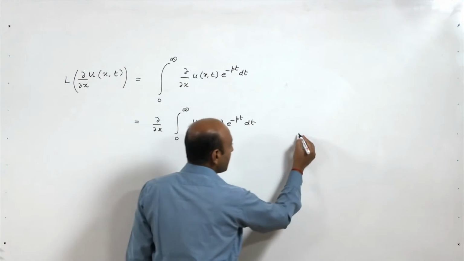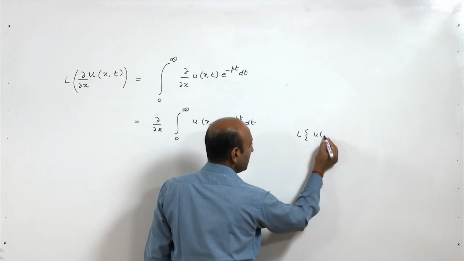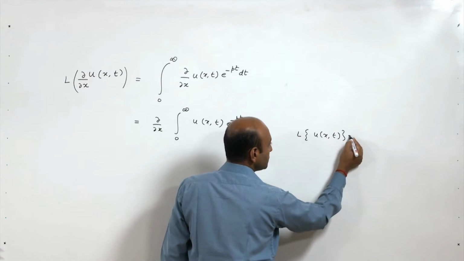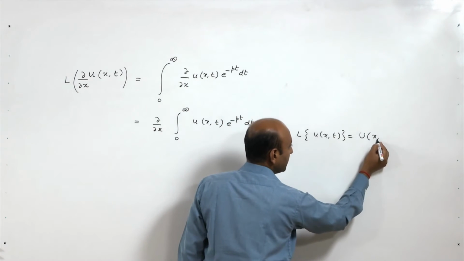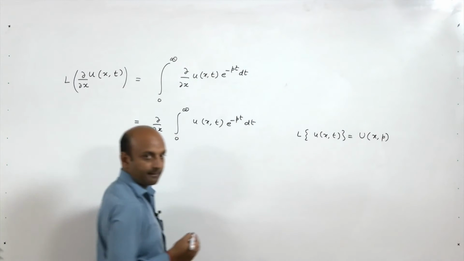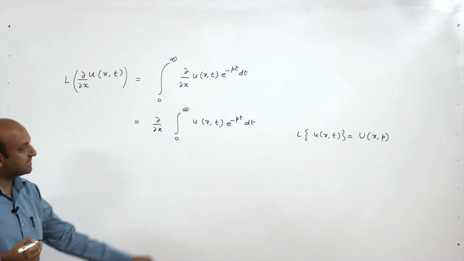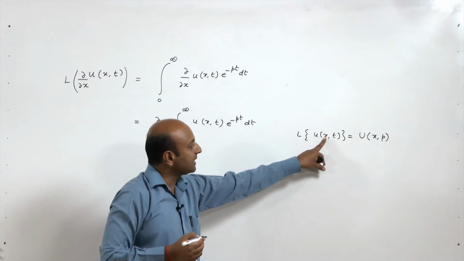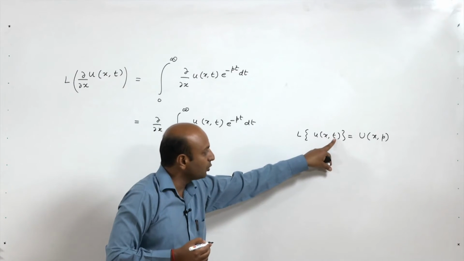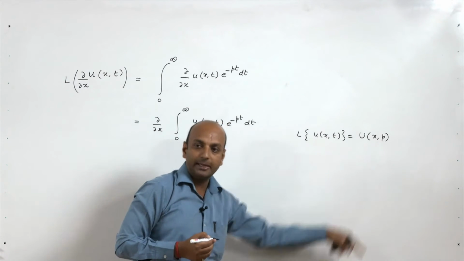Suppose the Laplace transform of u(x,t) is U(x,p). It is again a function of two variables, x is there and we are taking Laplace transform with respect to t, so in place of t we will have p.